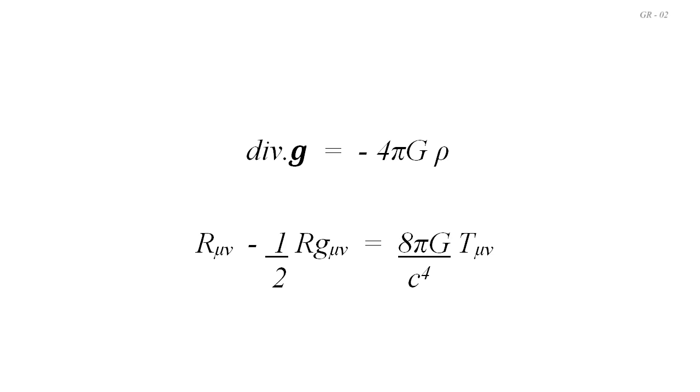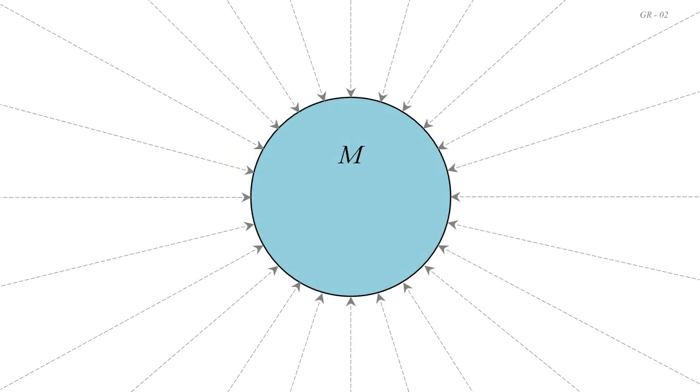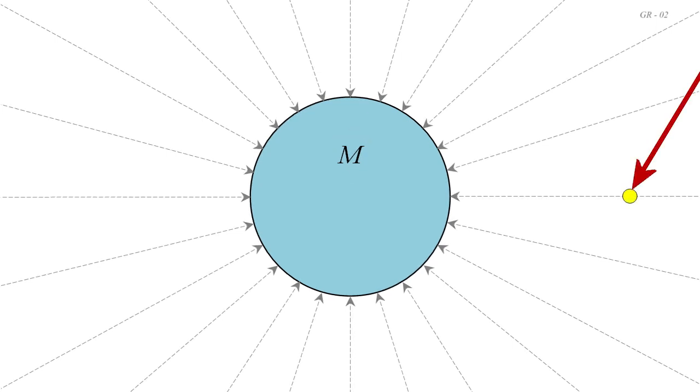But for now, before we finish, let's just explore this a little bit more and maybe clarify a few things on the way. Still thinking in terms of Newtonian gravitation, consider again our isolated mass capital M. The only mass here is the mass M, and that means that the density of matter everywhere else, including at this point out here, at this yellow dot, must be 0.